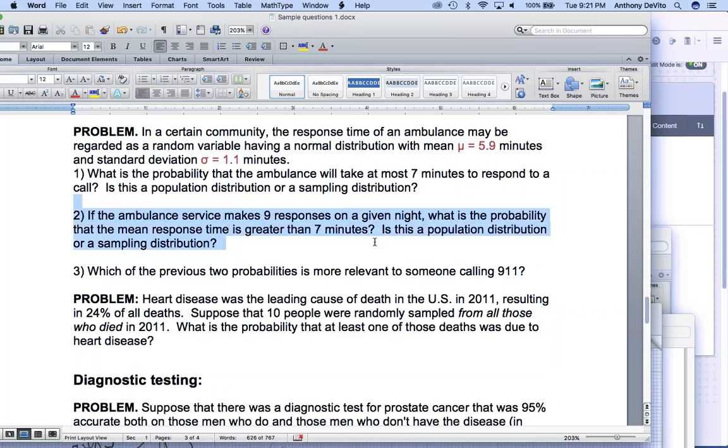In order to figure out the probability that the true mean response time for the entire population, all of the responses during the entire year, is greater than 7 minutes, we have to use something called the central limit theorem. Okay, and since that's not going to be on the test, I'm a little reluctant to really go into that.